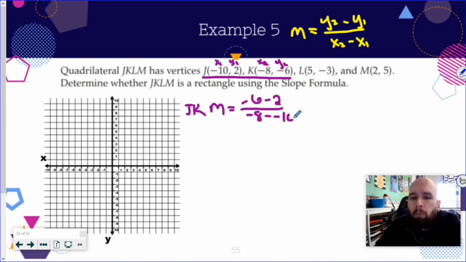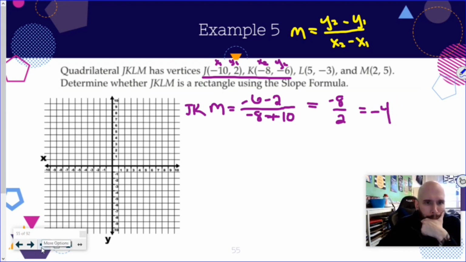We're going to do some mental gymnastics here, so as not to make this video a 20-minute video. Negative 6 minus 2 is negative 8. Negative 8, a double negative. So we've got negative 8 plus 10 is regular 2. The slope of JK is negative 4. One of them's done.